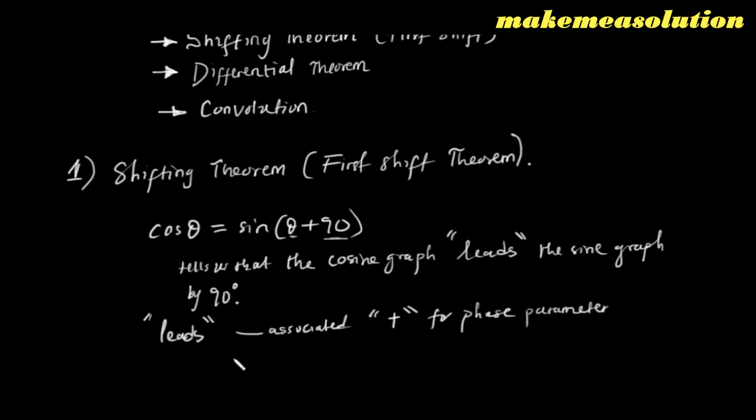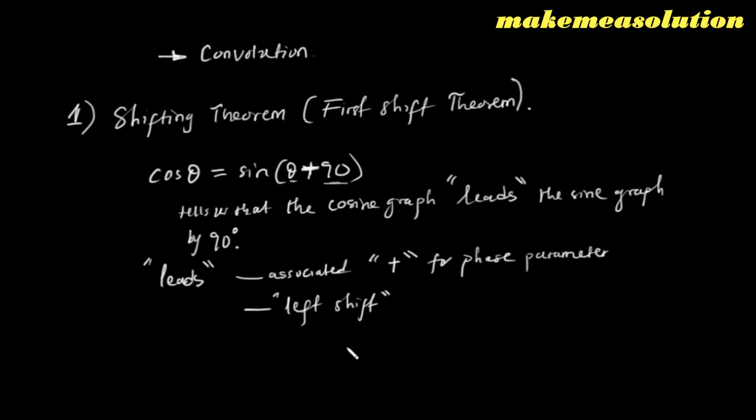So when they say something leads another thing by some particular phase angle, that means you have a plus. This leads is also known as a left shift. In another video, I'll dive more deeply into this, but I just want you to get the idea. So lead is called a left shift.